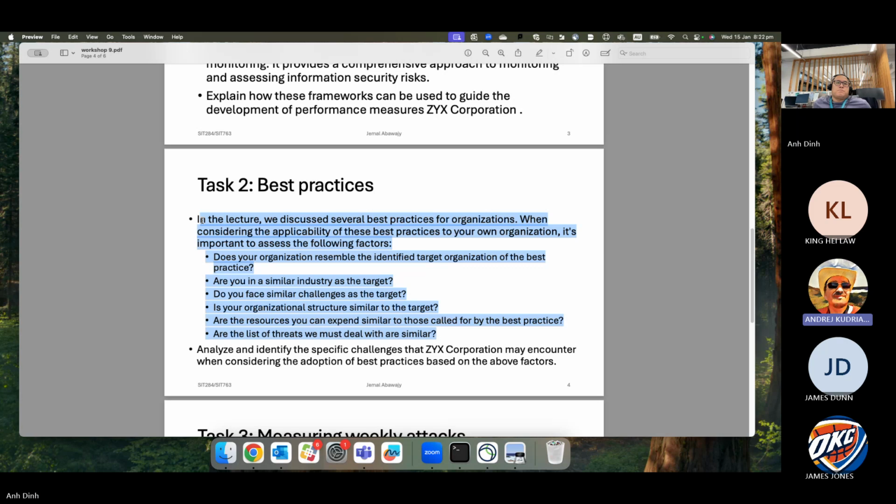If your organization is not the same as the other organization, you have to look into what the difference is, how your company is different, and you have to adjust the practices for your company, for your structure, for your size.